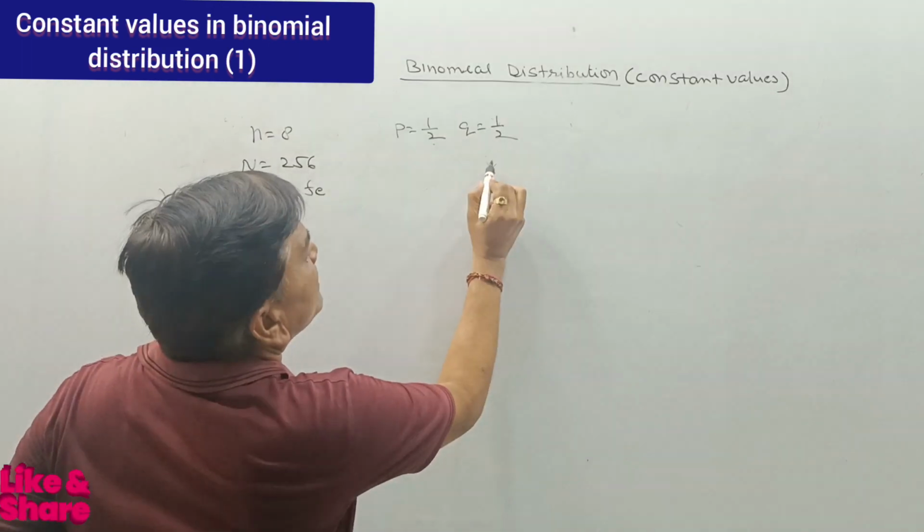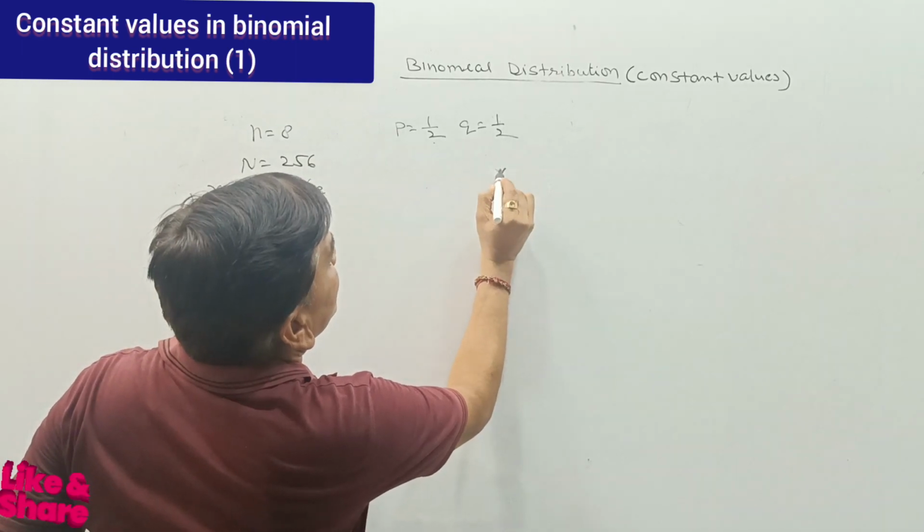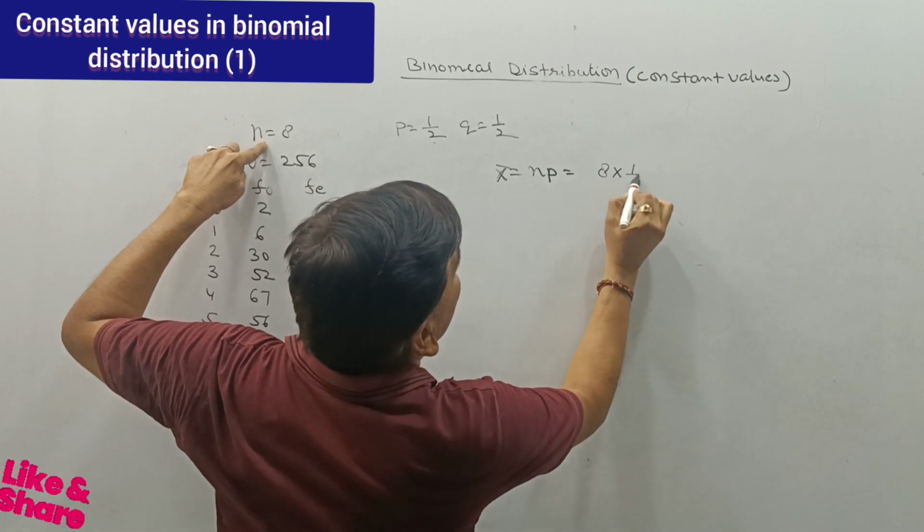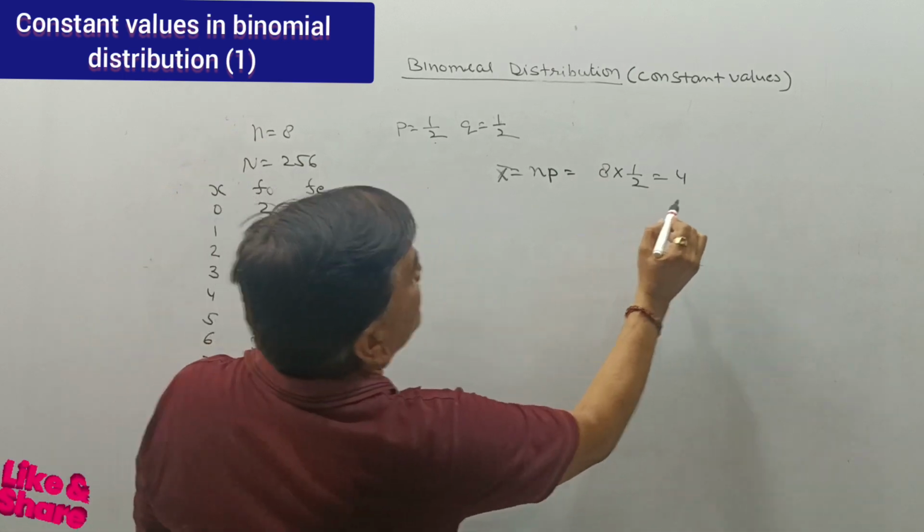The arithmetic mean x bar is equal to np. n is 8 and p is 1 by 2, so that is 4. The value of x bar is 4.